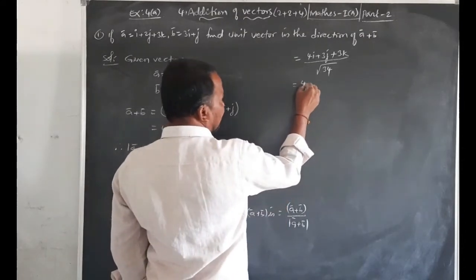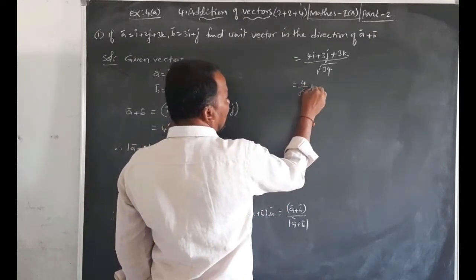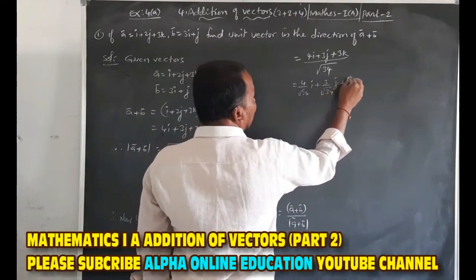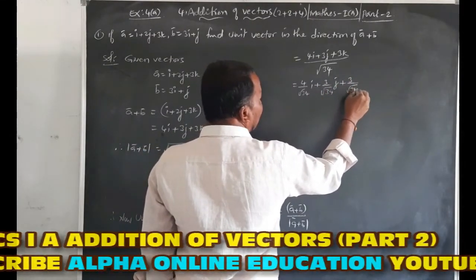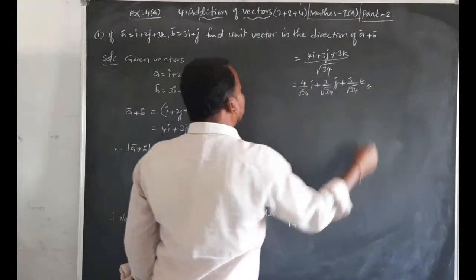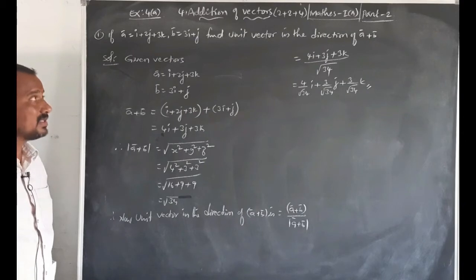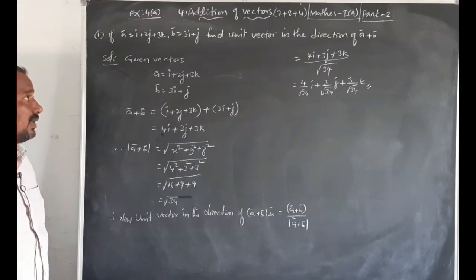Separating this, 4 by root 34 i, 3 by root 34 j plus 3 by root 34 k. It is the unit vector in the direction of A plus B.